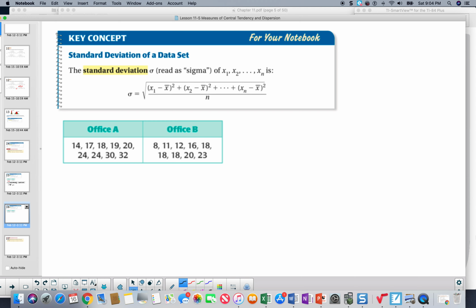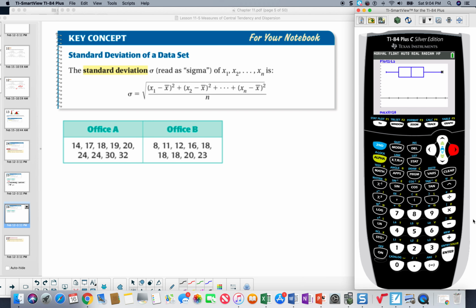Now let's go ahead and use a calculator for B. We've already done this. Let's see if I still have it up here. Nope. I'm going to do second stat. Now that one variable stat that I had, I'm going to run it again. And here's my mean. But what's really nice is it gives me the standard deviation.